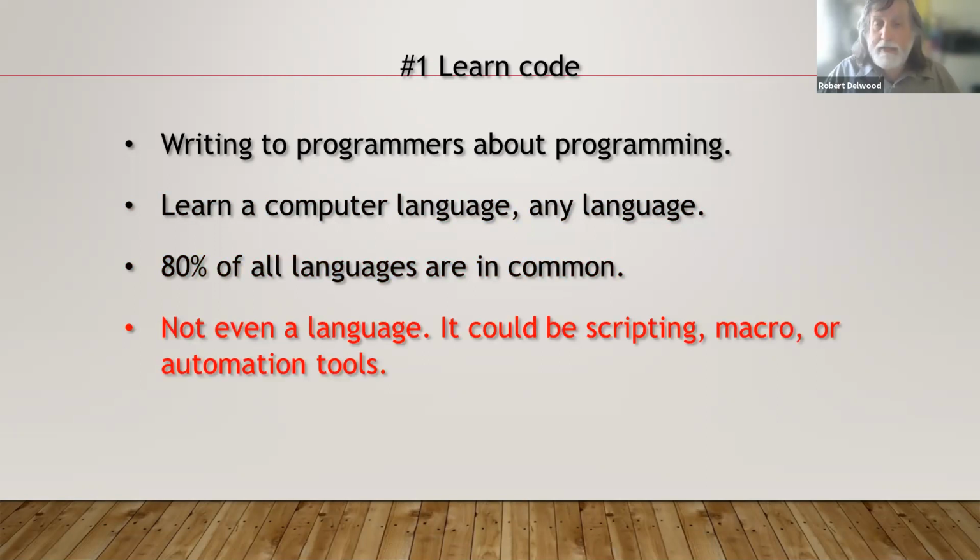And it doesn't even have to be a language. It can be a scripting, macro, or automation tool. What I mean by this is there's a lot of automation possibilities out there. If you use Word, for instance, and this is the classic one, it has a built-in scripting language. Scripting is a means that you can record an action programmatically and either play it, or better yet, you can save it and play it back again.